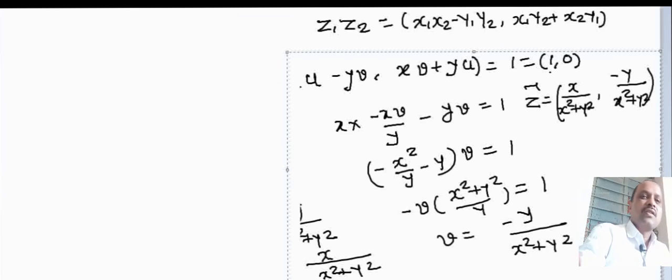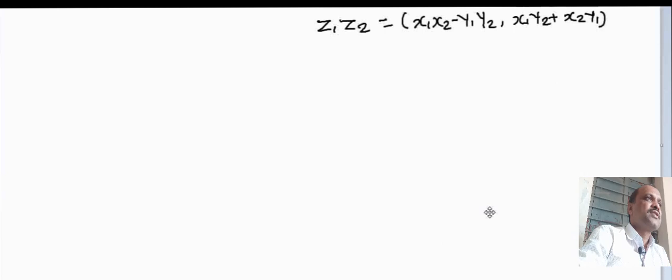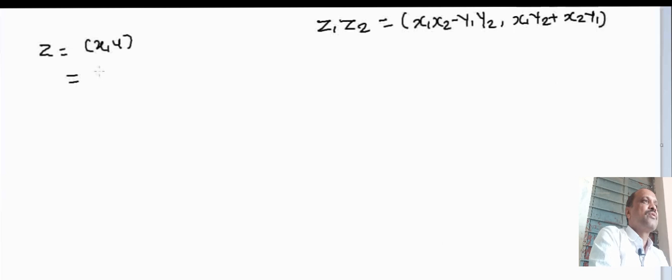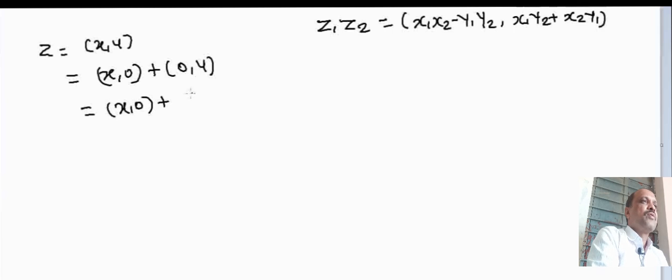Now what is z? Z is equal to, let me write, z equal to a number x comma y. Then we know that we can write this as x comma 0 plus 0 comma y. This is equal to, now, x comma 0 plus 0 comma 1 into 0 comma y. Okay.